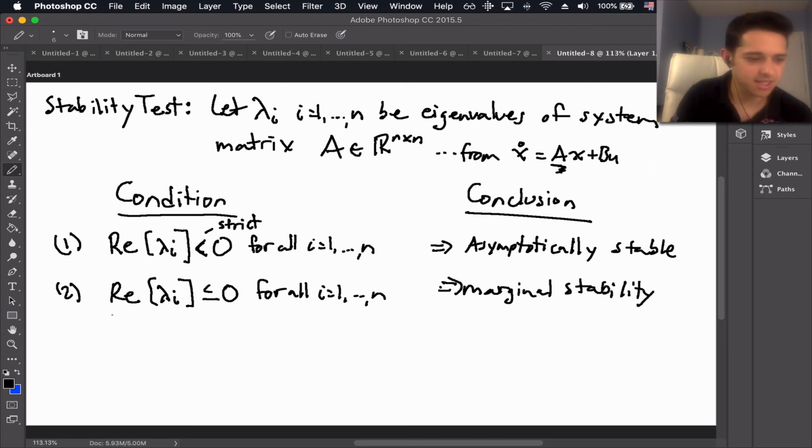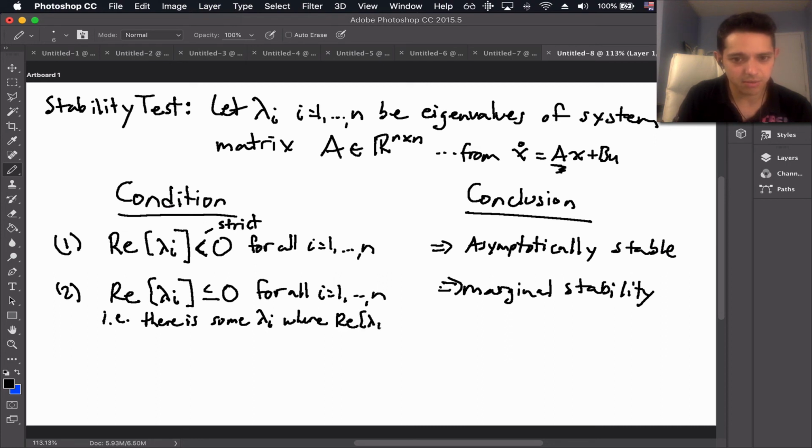In other words, if condition 2 holds and condition 1 does not, then ultimately there is some lambda i whose real part is equal to 0.